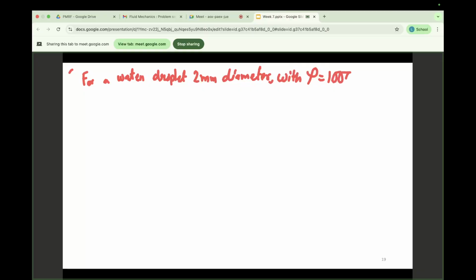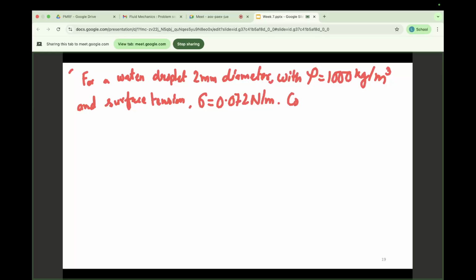The density is given in kg per meter cube, and surface tension, let us consider it is sigma. Sigma is 0.072 Newton per meter. So density, diameter, sigma is given.